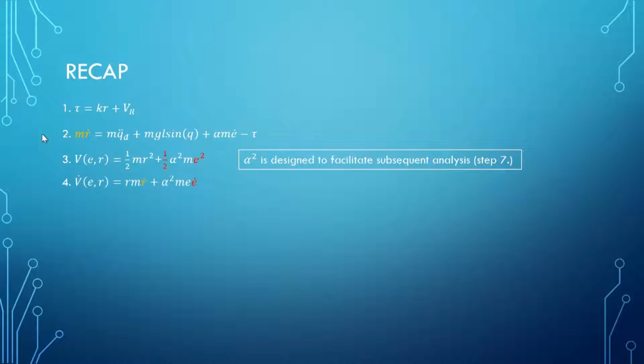Now you try to find the term to substitute your controller. That term is M r dot, and it's in here, so this term gives you access to substitute the control input tau.